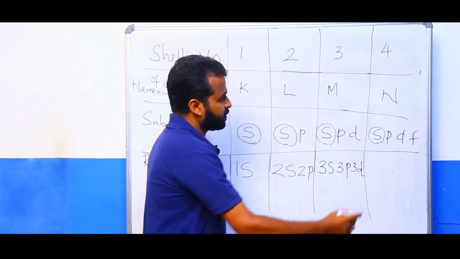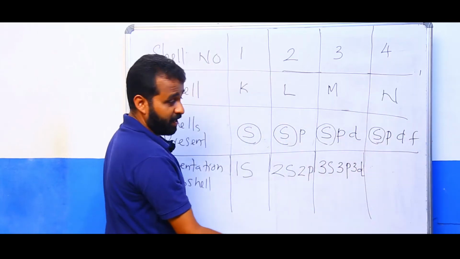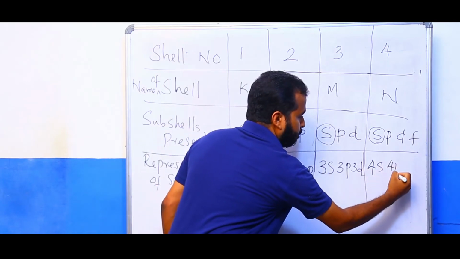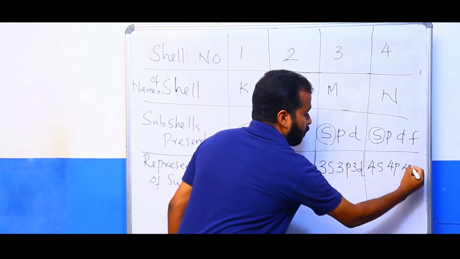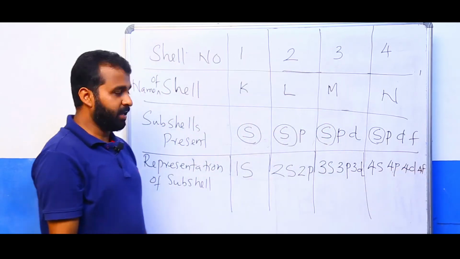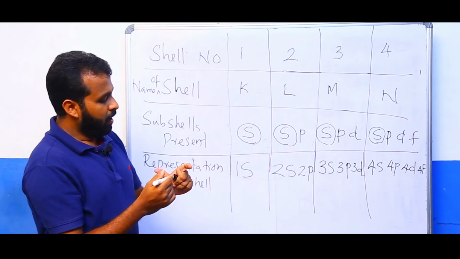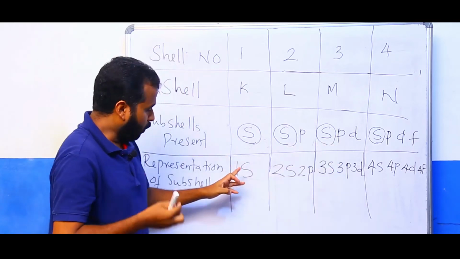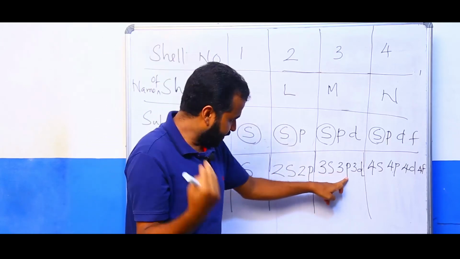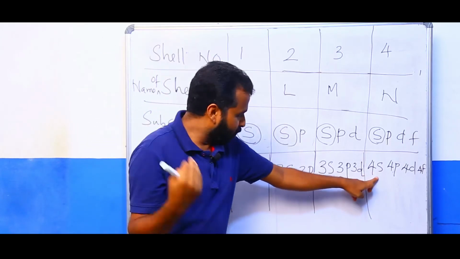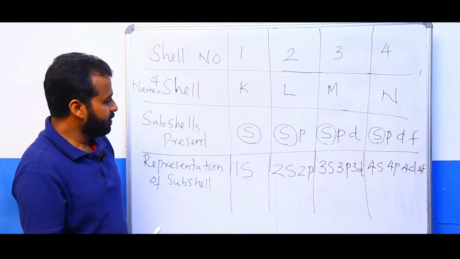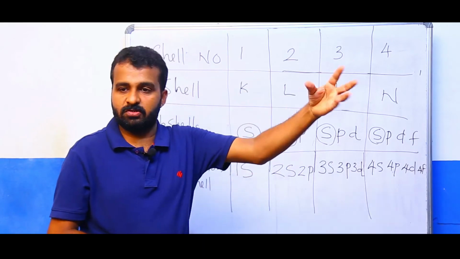Okay, the last, fourth shell has four subshells, it can be written as 4S, then 4P, 4D and 4F. So these are subshells: 1S, 2S, 2P, 3S, 3P, 3D, 4S, 4P, 4D, 4F, like that. In these subshells, we can fill electrons.